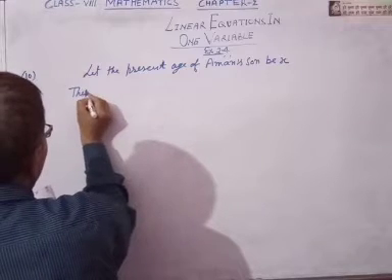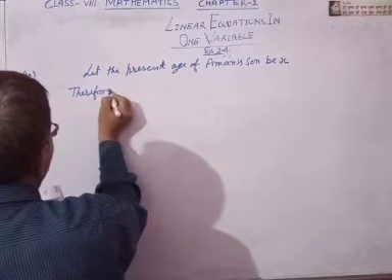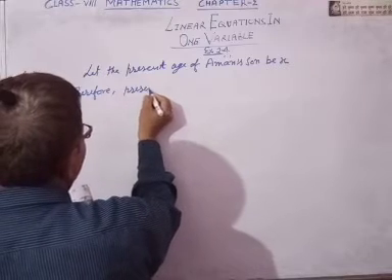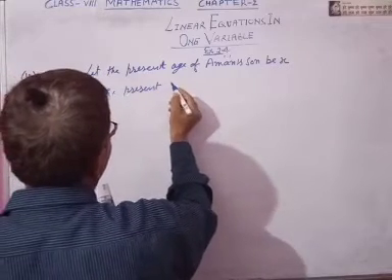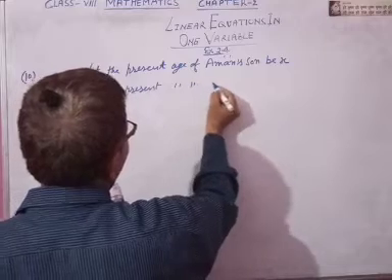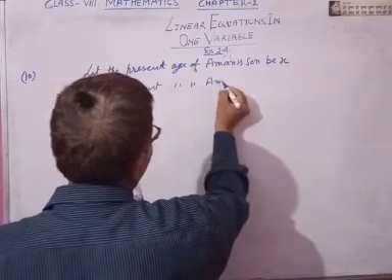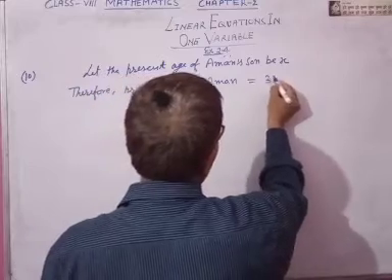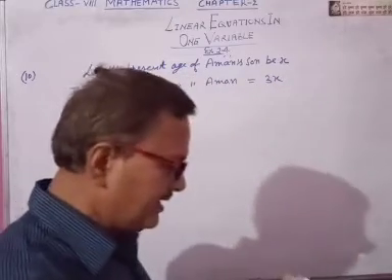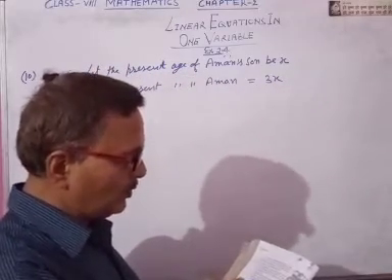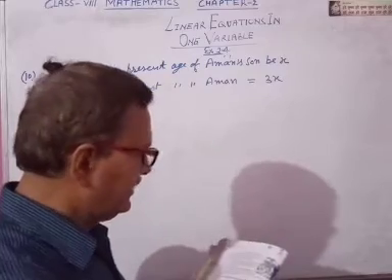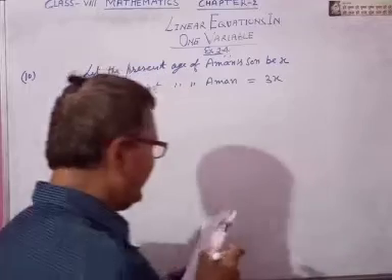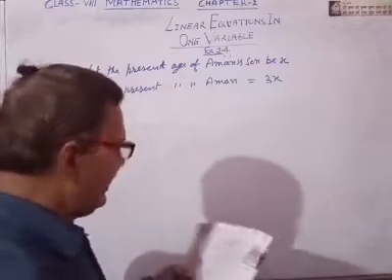Therefore, the present age of Aman equal to 3x. Aman's age is 3 times his son's age. 10 years ago he was 5 times his son's age.